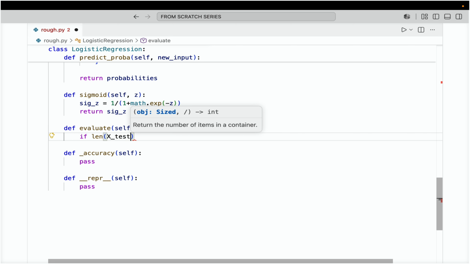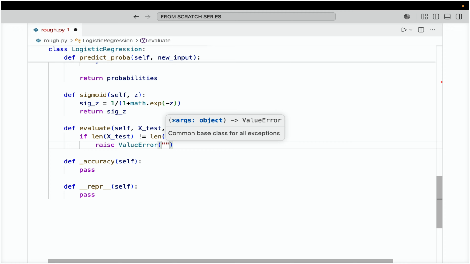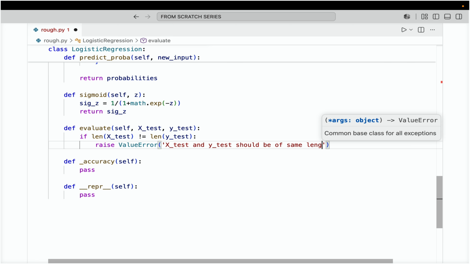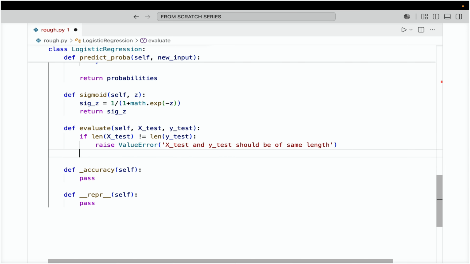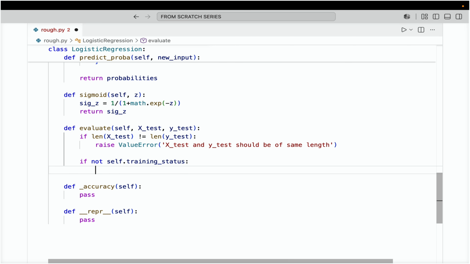If len of x test is not equal to len of y test, training status is supposed to be true.